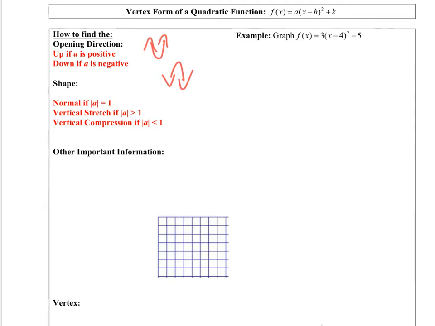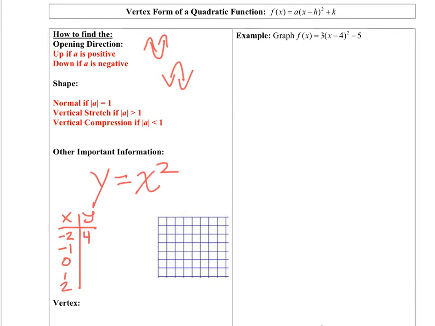The parent function for a quadratic is y equals x squared. And we can make a table of values to see what the graph of the parent function looks like. By substituting negative 2 for x, negative 2 squared will be negative 2 times negative 2, which will be positive 4.